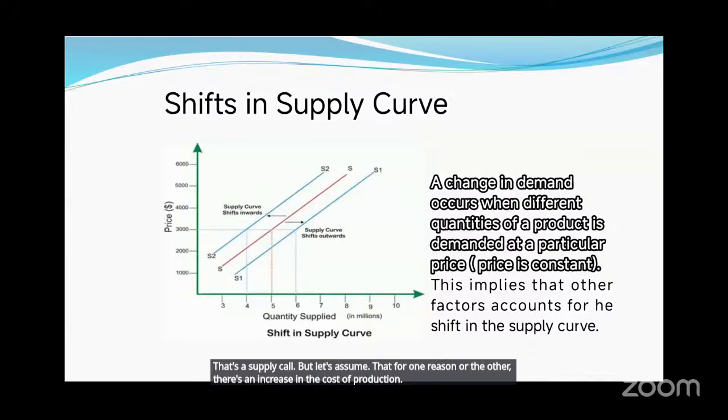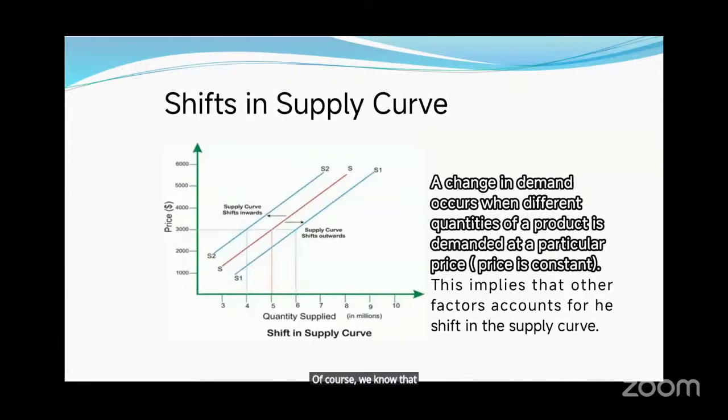We know that will bring about a fall in supply. Because it is a fall in supply, the supply curve is going to shift from S to S2.